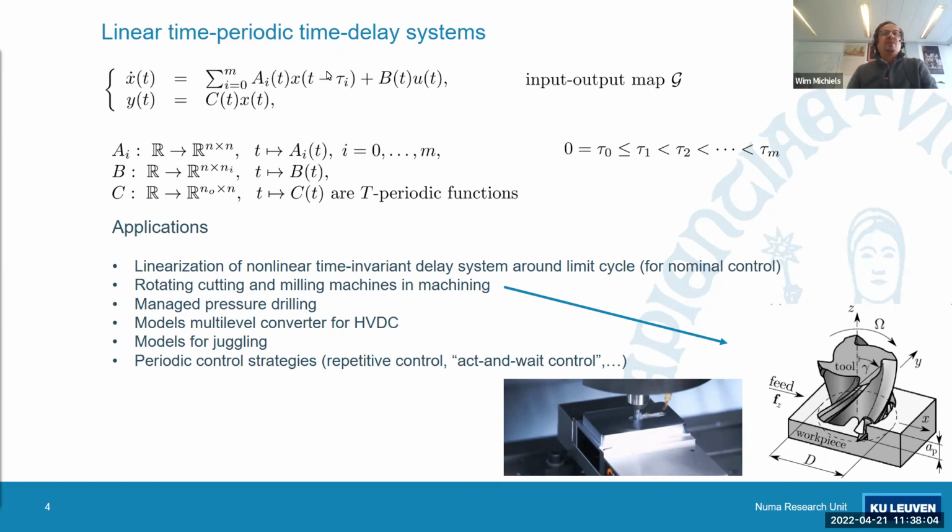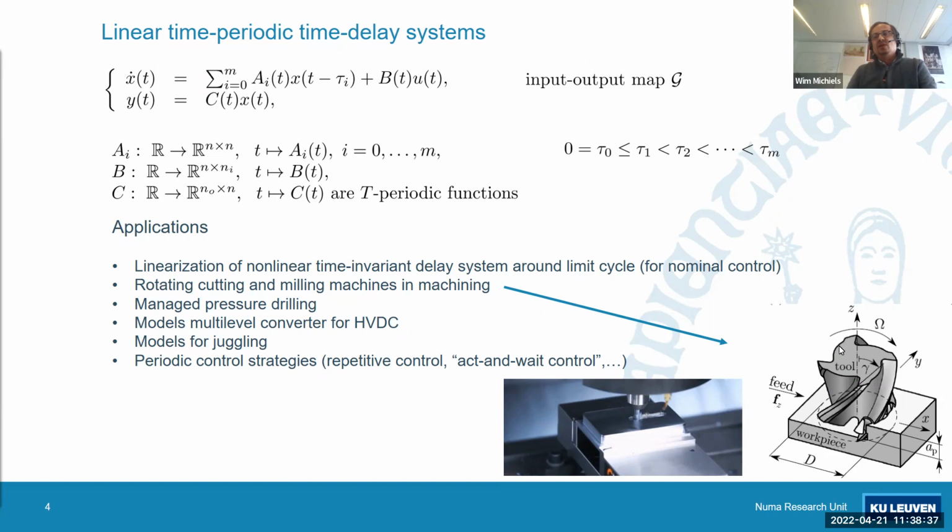There are a lot of applications where this type of problem arises, among others when you linearize time invariant systems, of course. But the specific problems we have collaborated on with application-oriented groups are rotating cutting and milling machines in machining. Here you see a sketch below. What's the idea of milling? You want to process a material by scraping away material by rotation.